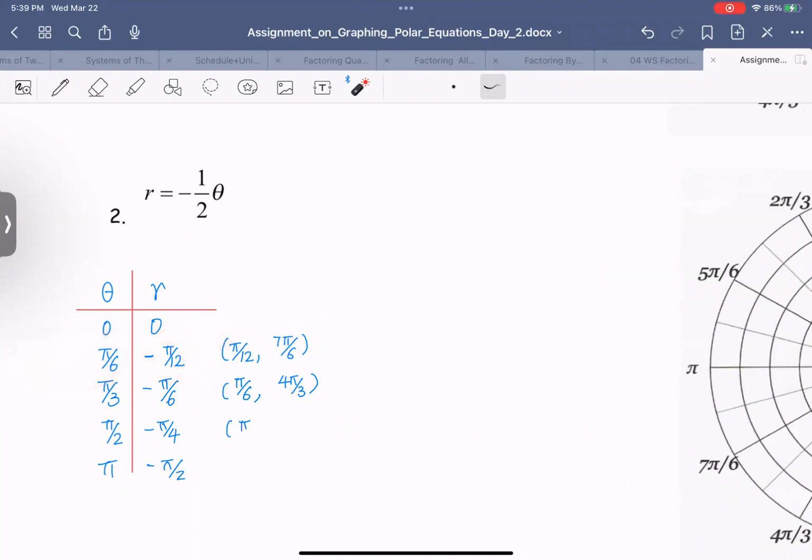Yeah, that's what we learned before spring break. Yeah. So this one here, when it's positive pi over 4 for the radius, and then the angle is pi over 2 plus pi, which is 3 pi over 2. And when this is pi over 2, this will be 2 pi.